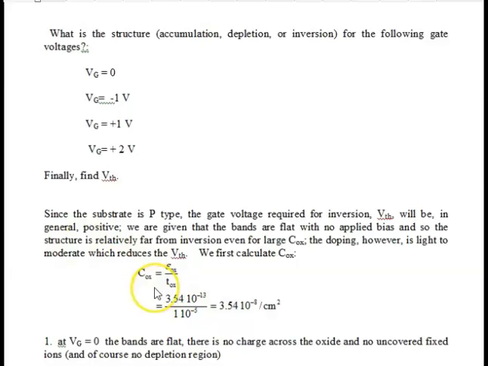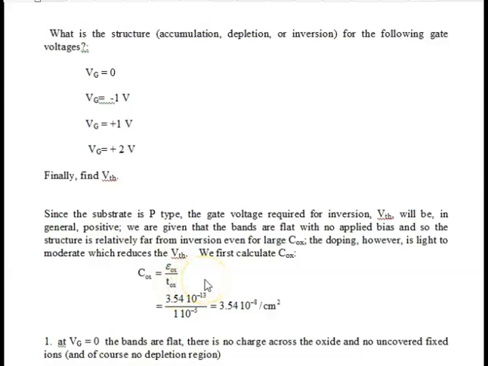First, let's find the gate oxide capacitance, C-ox, which is just equal to the permittivity divided by the oxide thickness.